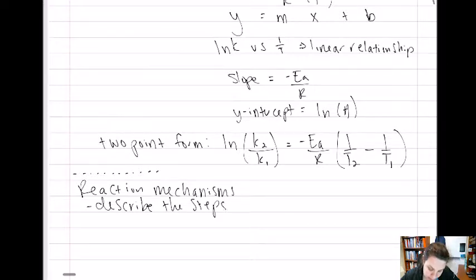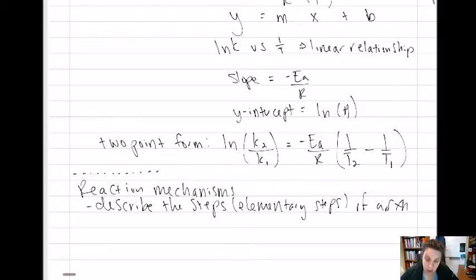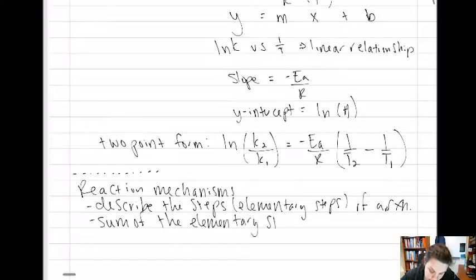These steps, or elementary steps, sum to give us the overall reaction, what we're used to seeing. So some of our elementary steps gives us our overall reaction. And that is the chemical equation that we generally see.